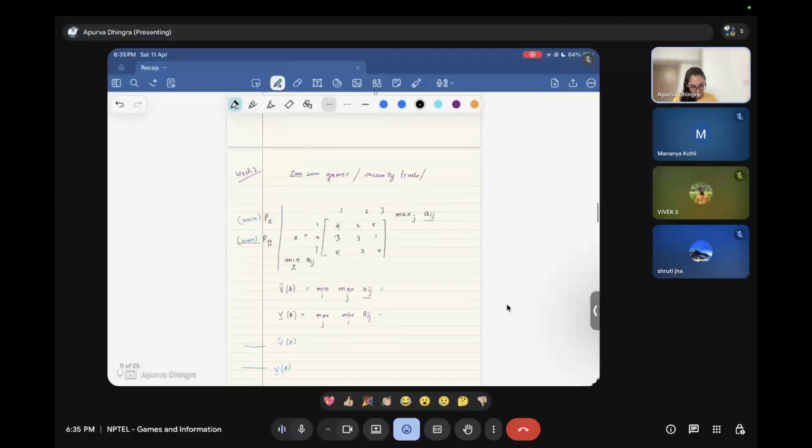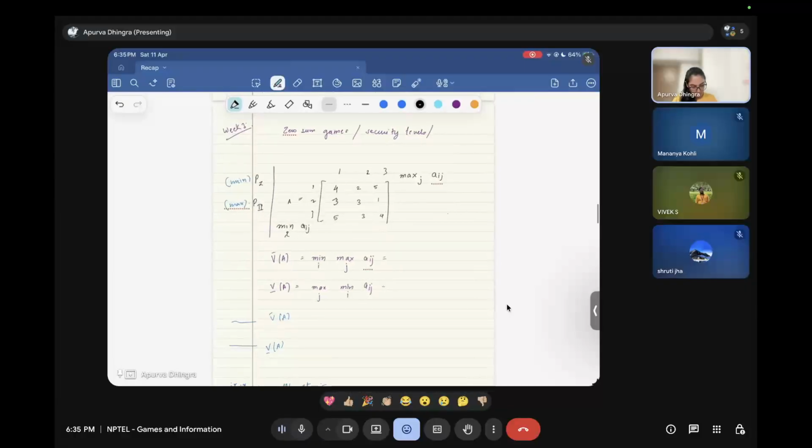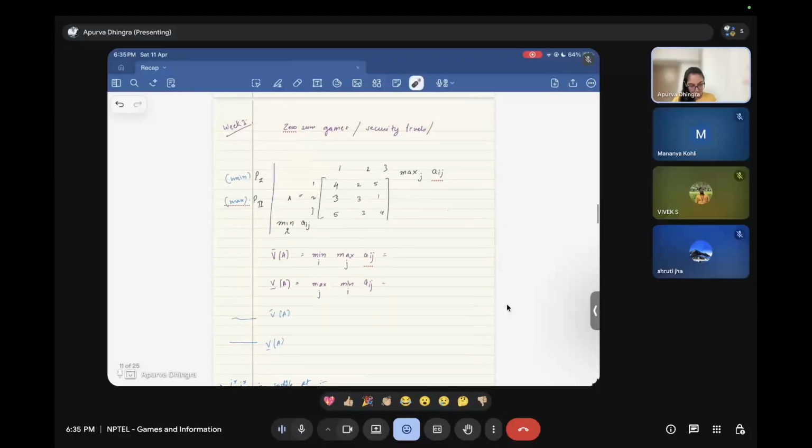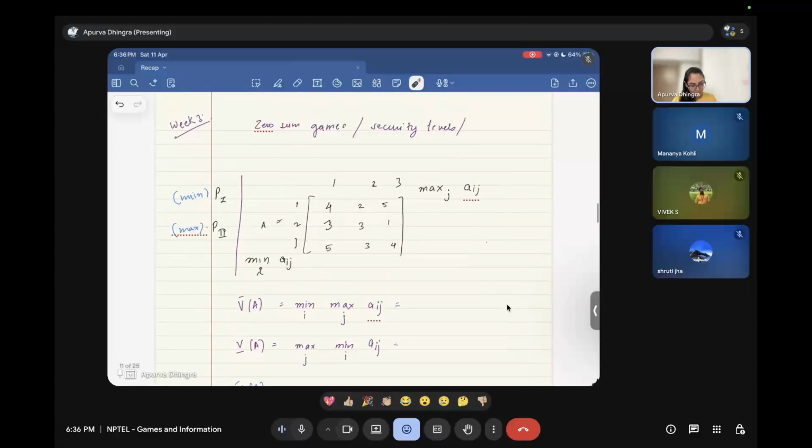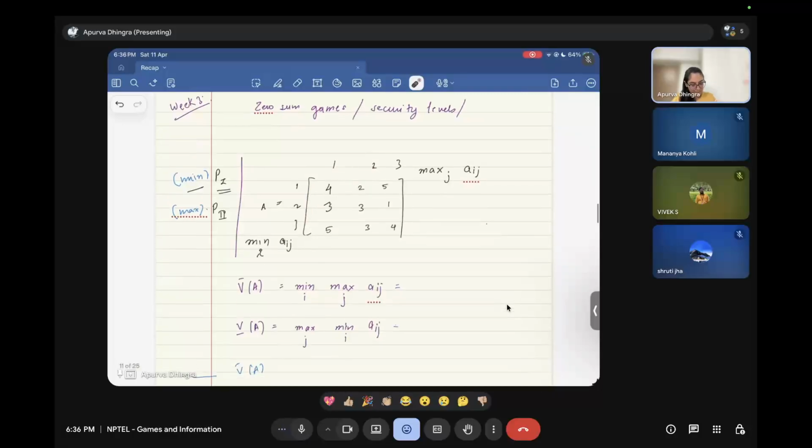So then let's go to week 3. Week 3 was basically talking about zero sum games, security levels, and what we get from security levels, the min max and max min values, and so on. In a nutshell, we are taking the first player to be minimizing, meaning the row player is minimizing, and the column player is maximizing.